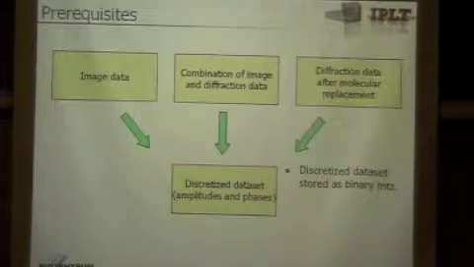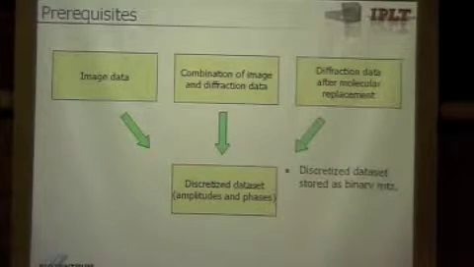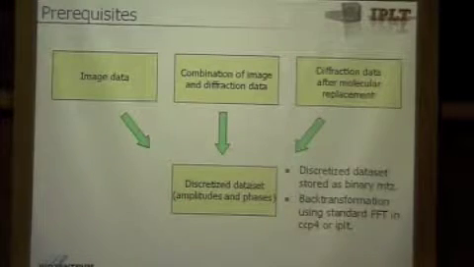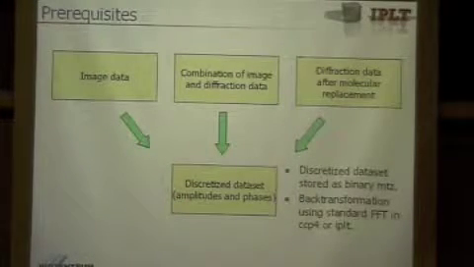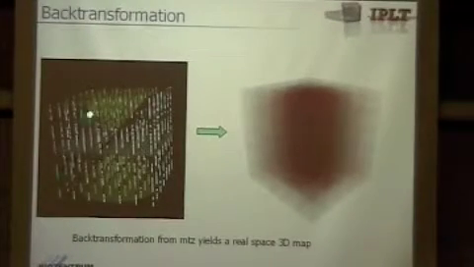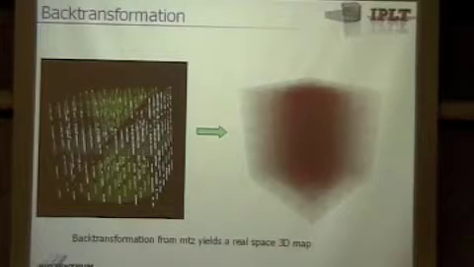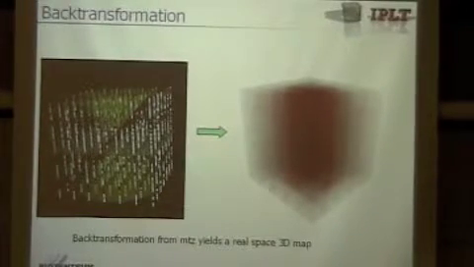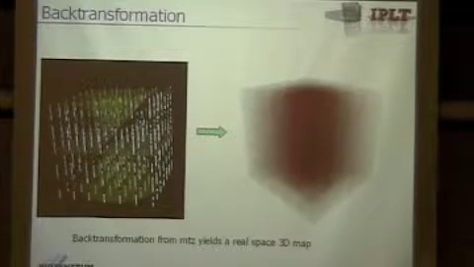So in 2DX you can convert to that, use CCP4 directly, and then just do an easy back transformation using the standard FFT. So from your data in Fourier space, where you have these lines, by back transformation you get your 3D map, where every voxel just represents your density in that part of the 3D space.